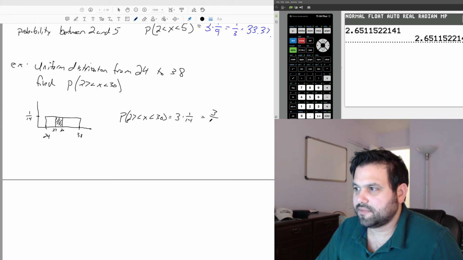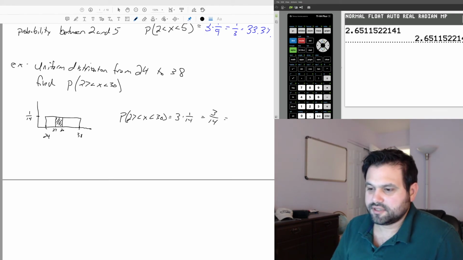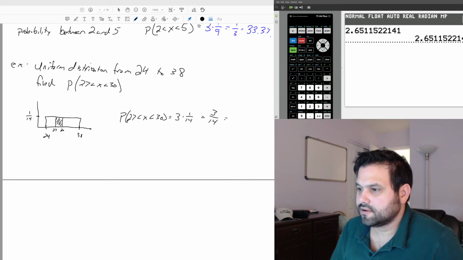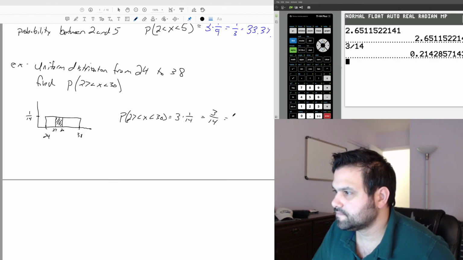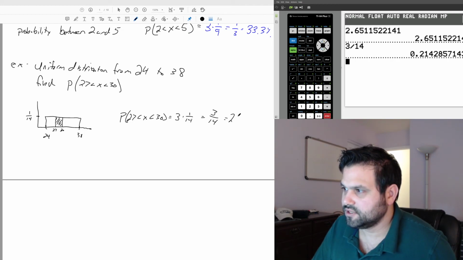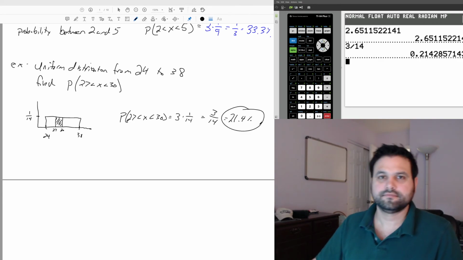So that's 3 divided by 14. So let's see what that comes out to be. 3 divided by 14 is about 21.4%. Okay?